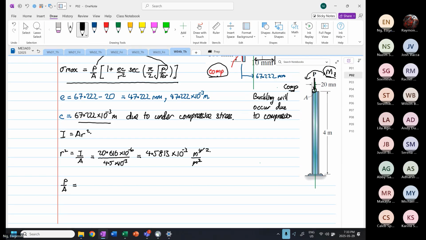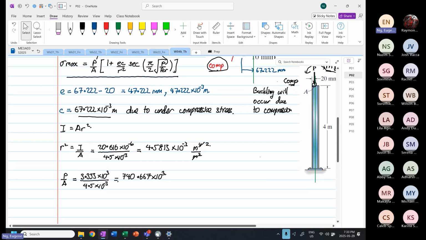P will be equal to 3.333 times 10 to the power 3 divided by the cross-sectional area, which is 4.5 times 10 to the power minus 3. 3.333 over 4.5 power minus 3 is equal to 740.667 times 10 to the power 3. So this is the term that we just calculated.